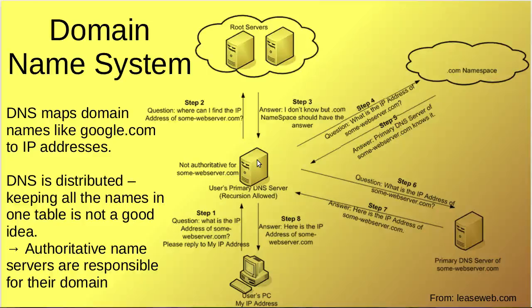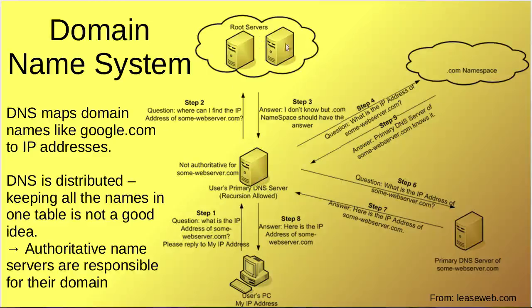And so these kinds of DNS servers along the way are non-authoritative for somewebserver.com. So that is, they don't really know what the IP address for these fully qualified domain names are, but they have a guess from past use. Let's say it went stale over here, then this primary DNS server might ask a root server, where can I find the IP address of this domain name?